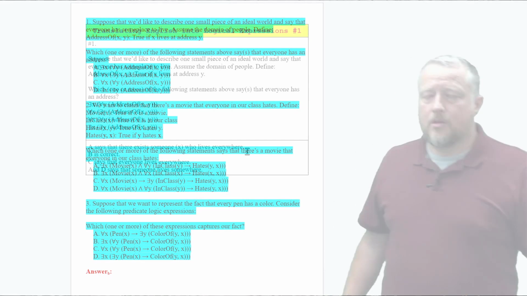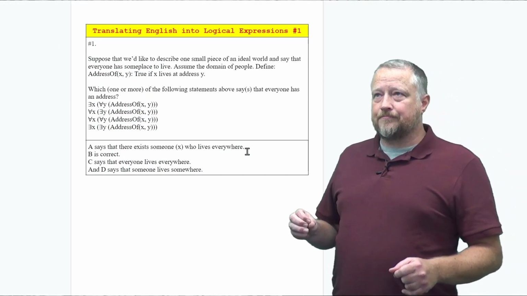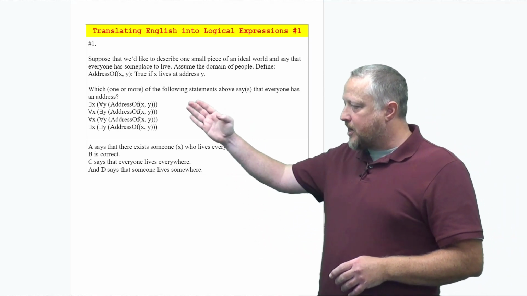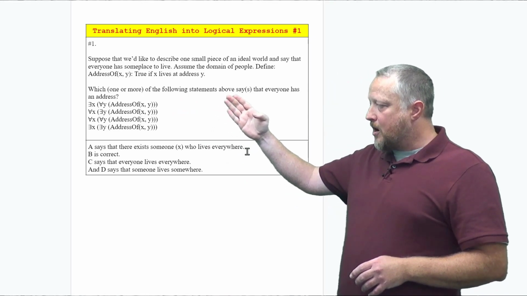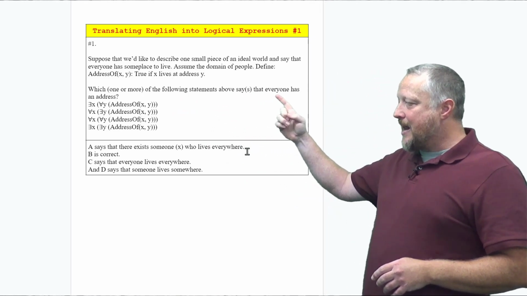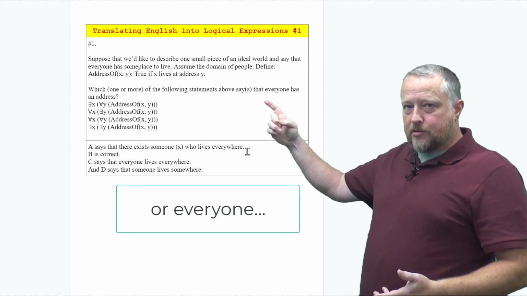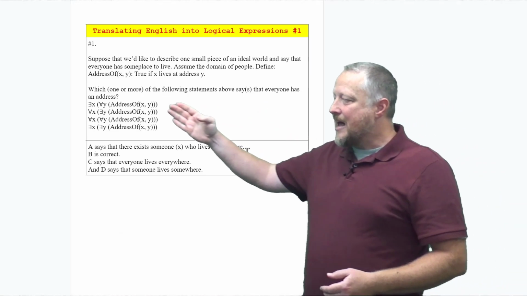So the first one was actually, I'm going to say, relatively easy. And that's because of the words that it's giving out here. Which one or more of the following statements above says that anyone, so that means a generalized quantifier, has an address.